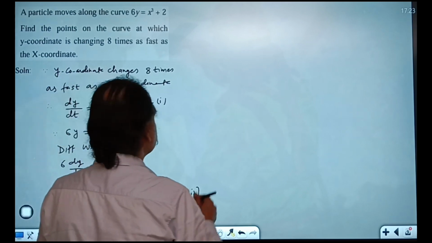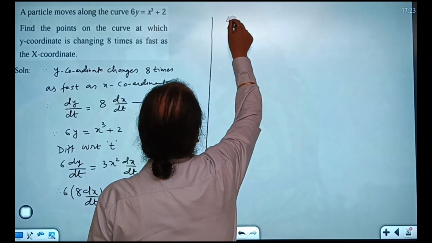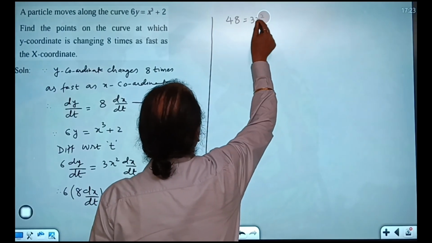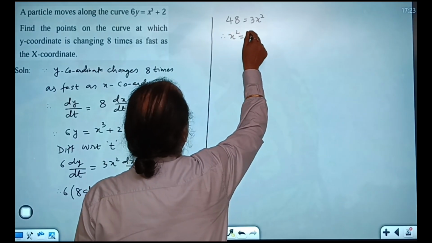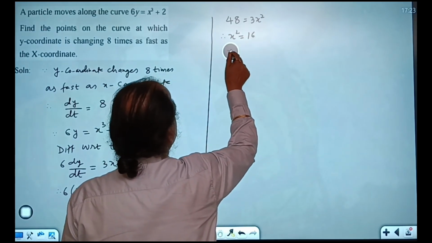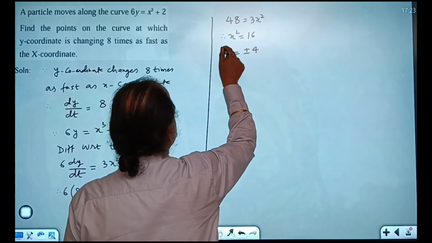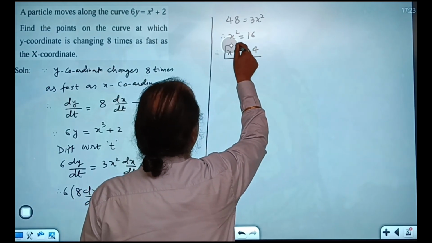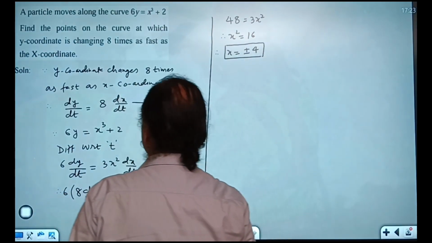So 48 is equal to 3x square. So x square is 16. So x will be plus minus 4.